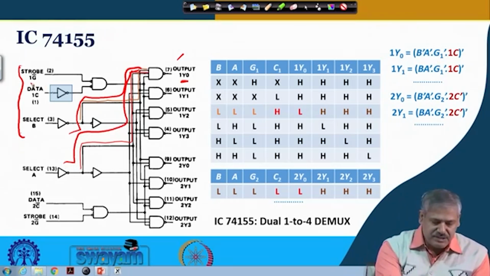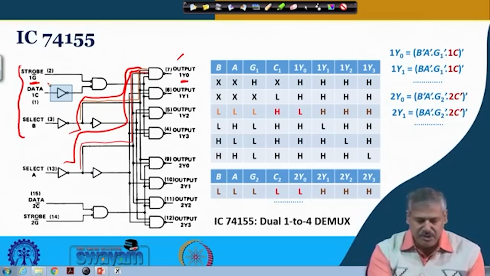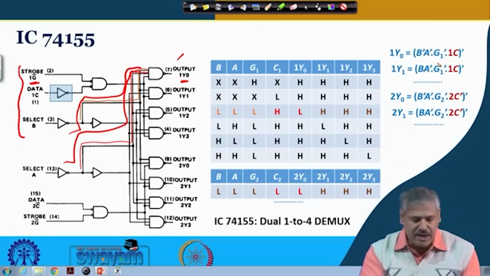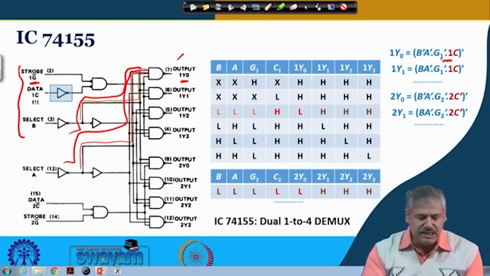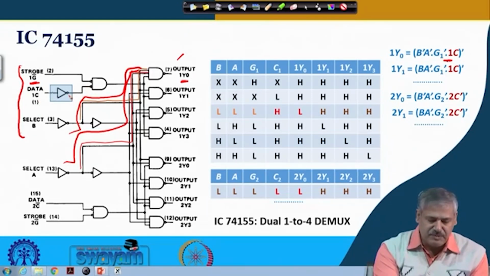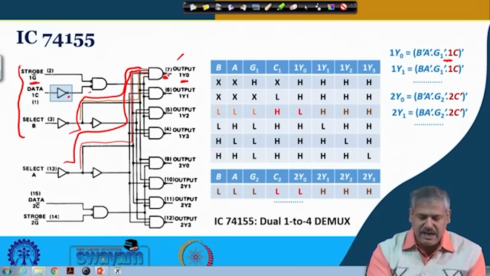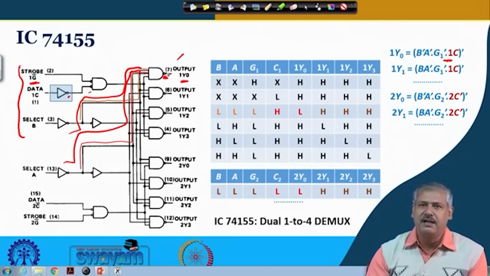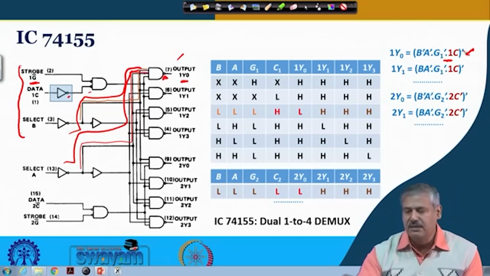We write this as G1 prime because of the presence of the inverter, and 1C, because of the two inverters present. Earlier there was only an AND gate at the output. Here, after the AND gate there is an inverter, so the whole thing is inverted.